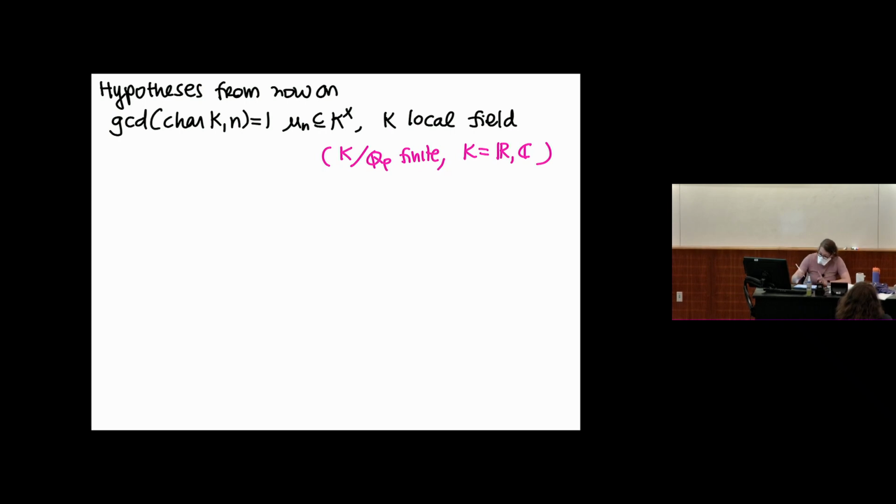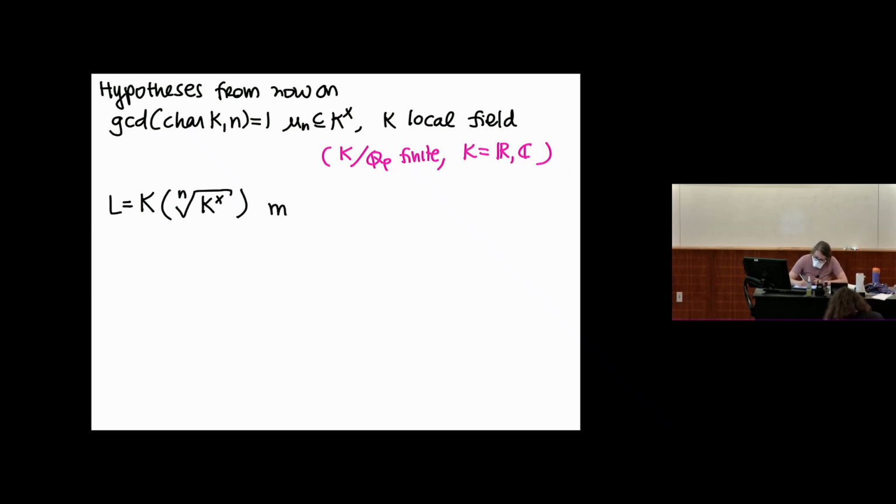Okay, and now I will fix L to be K adjoin all the nth roots in K. If you want to think of n equal to 2, you just put in all the square roots, take the square root of every number and throw it in there.